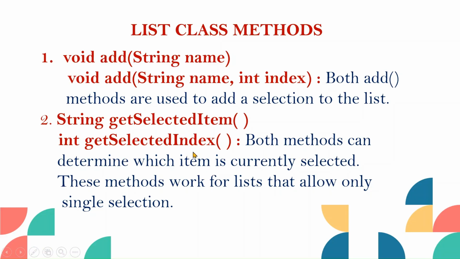If you apply getSelectedIndex, then the index number of the item you selected will be returned to you as an integer. So both methods can determine which item is currently selected. These methods work for a list that allows only single selection. You can see there are no arrays here to store multiple items. So whenever you go for single selection, these methods can work.